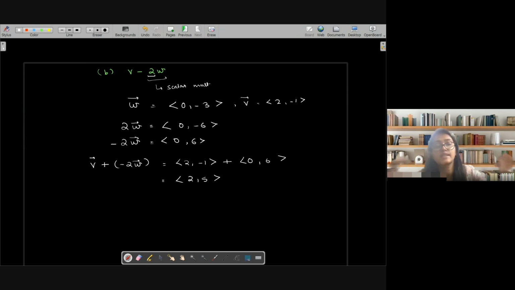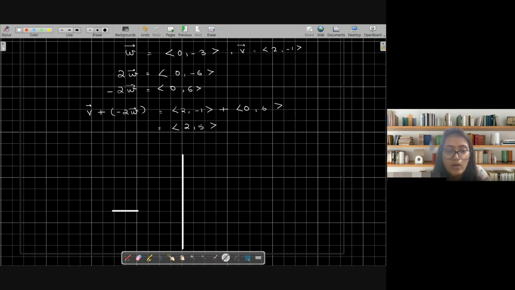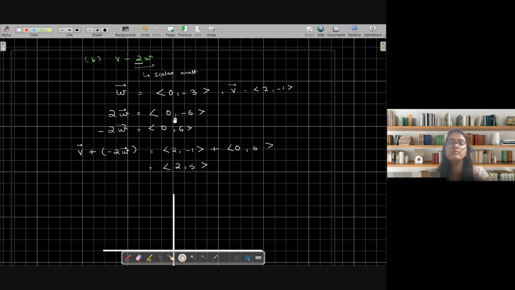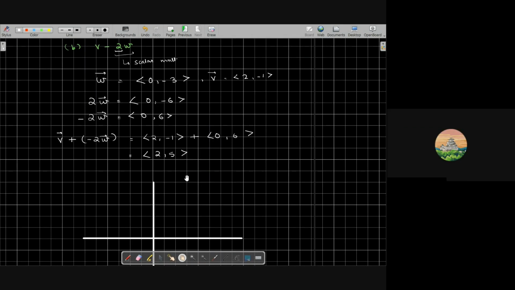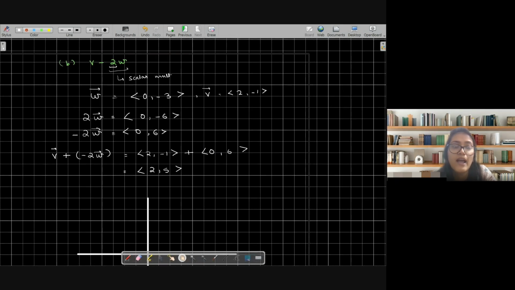Now we also have to sketch the graph for it. First let's draw vector v. Remember, whenever you have a subtraction problem, instead of drawing the second vector, we will draw the opposite of that vector. Whichever vector is written first is called the first vector, and the vector after the subtraction sign is the second vector.